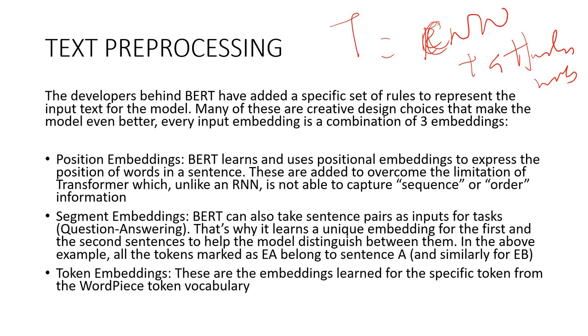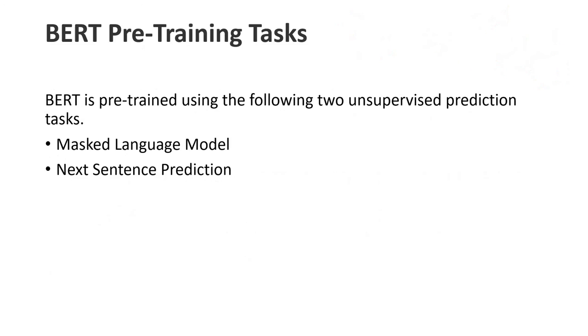That's why we use the position embedding. Segment embedding lets the model take sentence pairs as inputs for tasks. Token embeddings are embeddings learned for the specific token from the WordPiece token vocabulary.